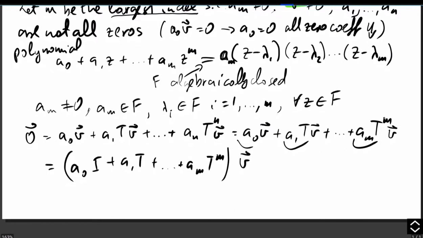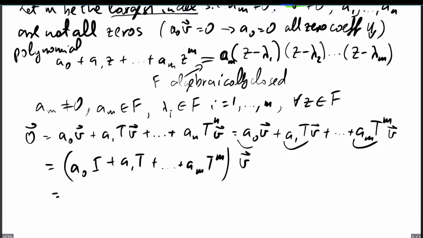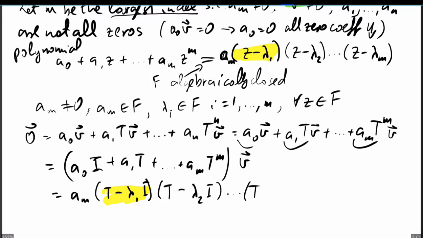We apply this transformation to the v vector. And factoring this polynomial is the same as factoring the polynomial equation in the operator T. Instead of the factor z minus lambda 1, we get T minus lambda 1 I, and so on. We get T minus lambda 2 I, with all the factors having z replaced with T, and lambda replaced with lambda times the identity matrix.